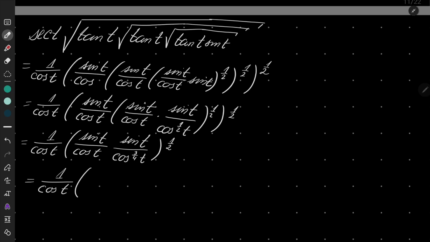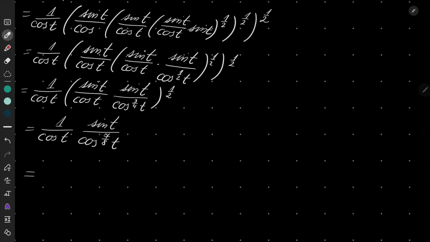Okay. And now again, sine times sine, sine squared, but here I have power 1/2, so it's just sine. And in the denominator, I have cosine to the power 7 over 4. To the power 1/2, it's cosine of 7 over 8.